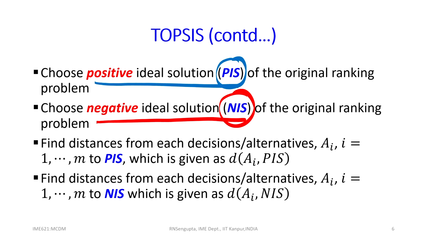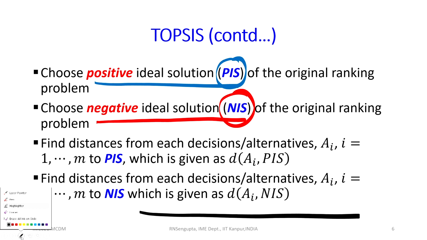So, as I mentioned in the diagram, if I have the real line, the blue point which I just marked in a circle is the PIS. Now, you may be asking why PIS is on the right. Is there any strict concept in doing that?